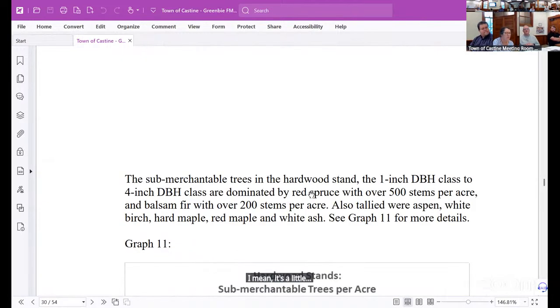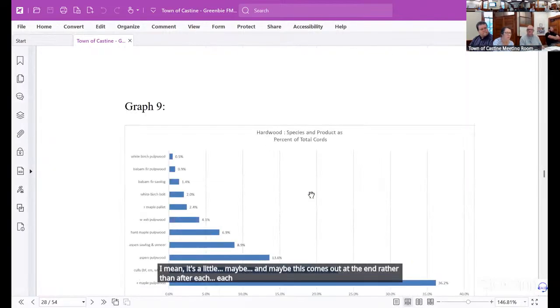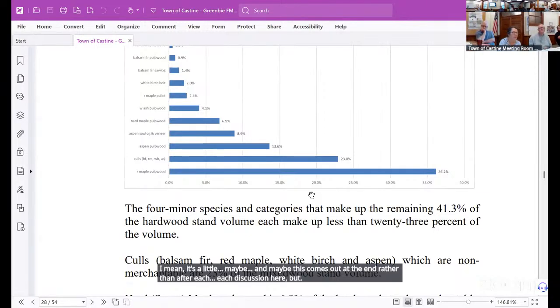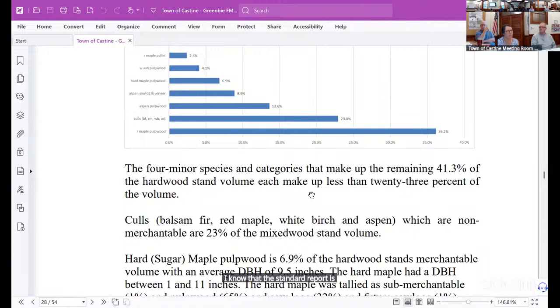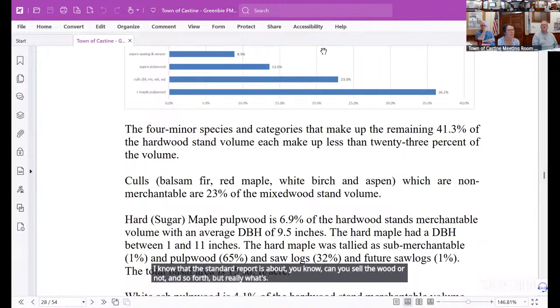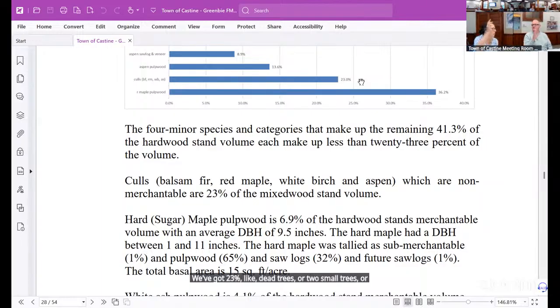Maybe this comes out at the end rather than after each discussion, but the "so what": I know the standard report is about whether you can sell the wood or not, but it makes it seem as though we've got 23% dead trees or too-small trees, dead 20-foot, dead 10-foot stumps.